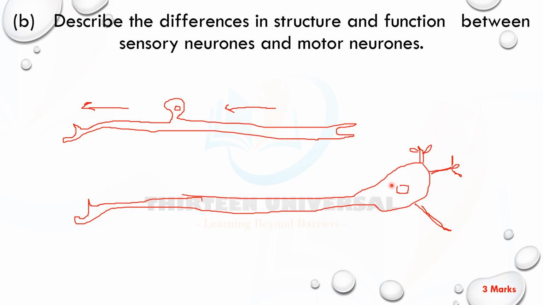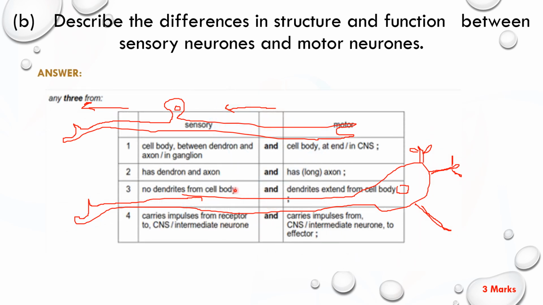So the question is, what is their function? The function of the sensory neuron is that it carries impulse from the receptors to the central nervous system. While the motor neuron carries impulse from the central nervous system to the effectors. So let's see what it says here.